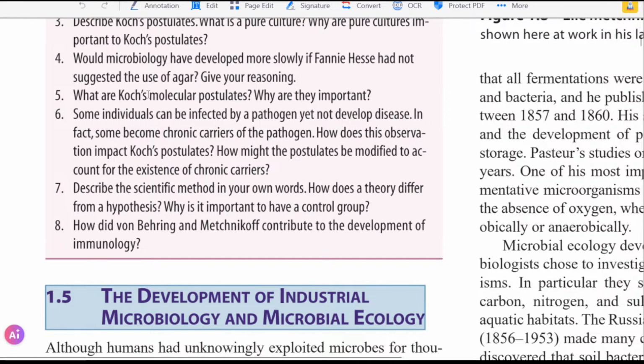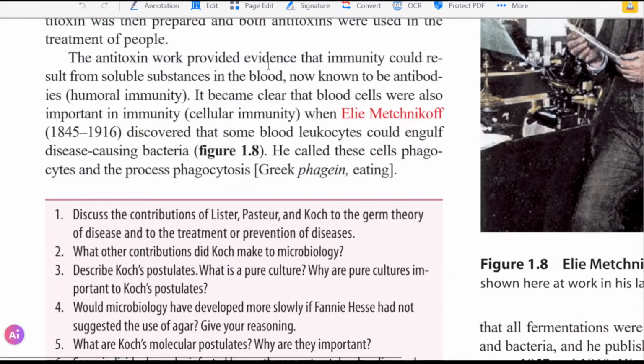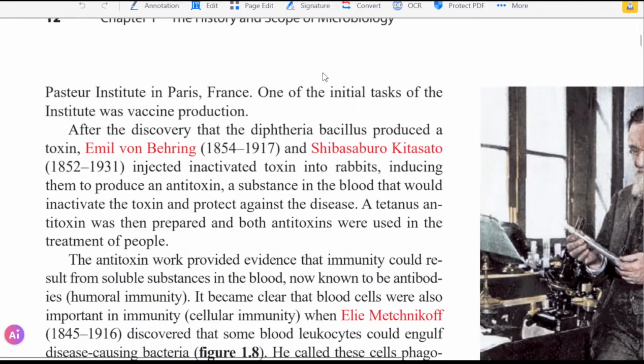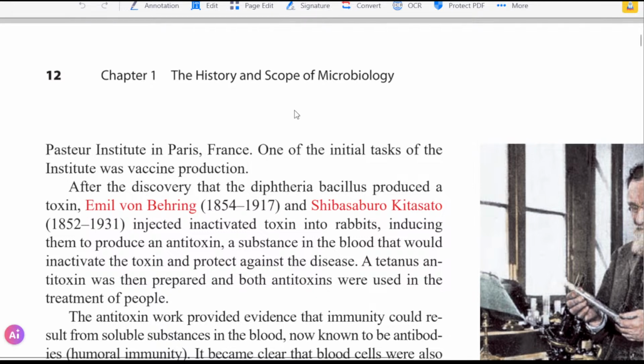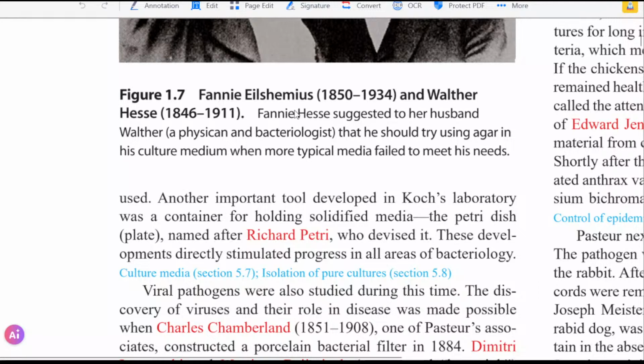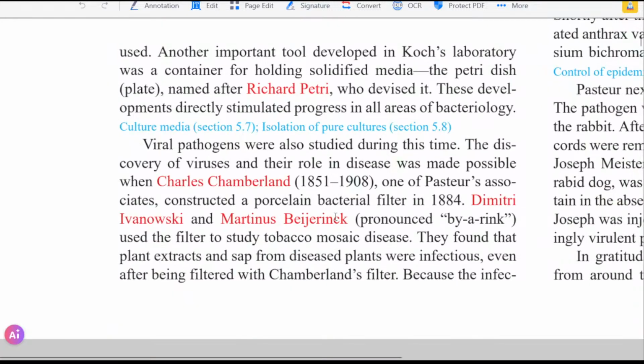Behring, here it is. Oh, sorry, the tobacco mosaic virus was discovered by Beijerinck. I mixed their names.